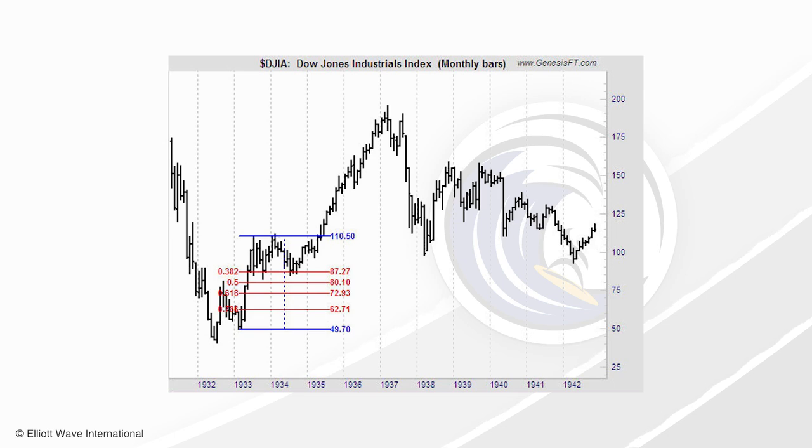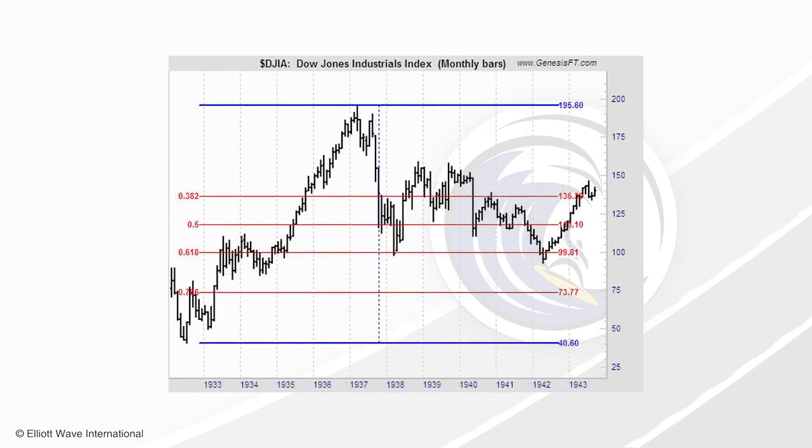Here I'm looking at wave 3, and we can see here that wave 4 has retraced approximately 0.382 of wave 3. And if we look at the entire 5-wave advance, we find that this ABC corrective structure retraced approximately 0.618 of the entire distance of waves 1 through 5.